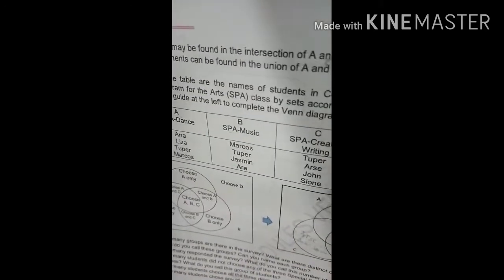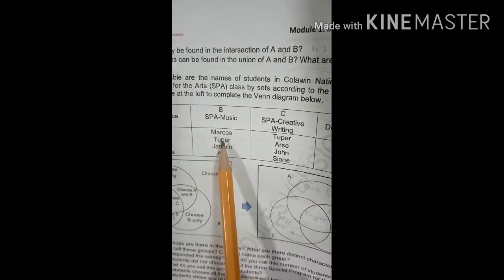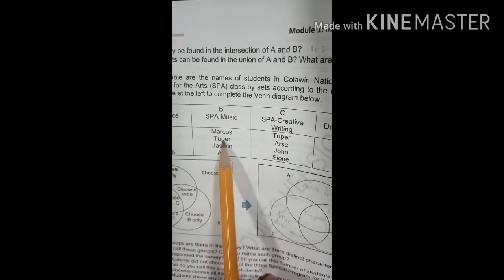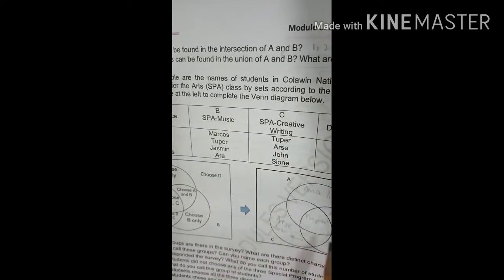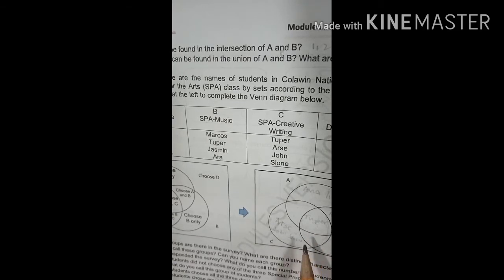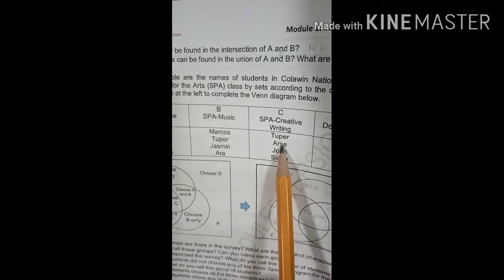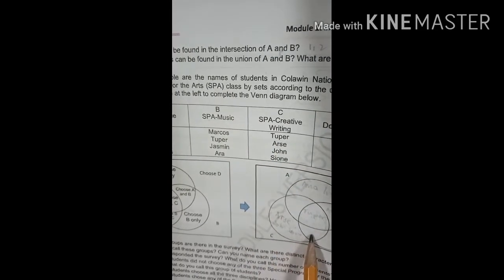Look at C and B here. Only 2 pair is common to them. So there is 2 pair already. Therefore, the other names on C, RC, John, and Sean should not be written here.